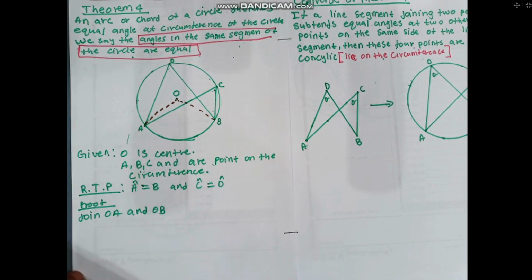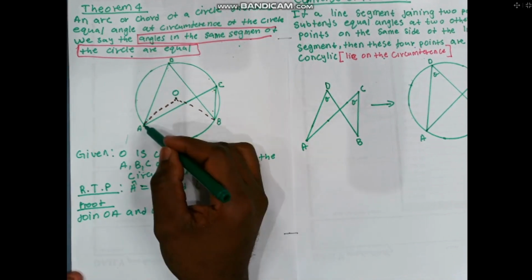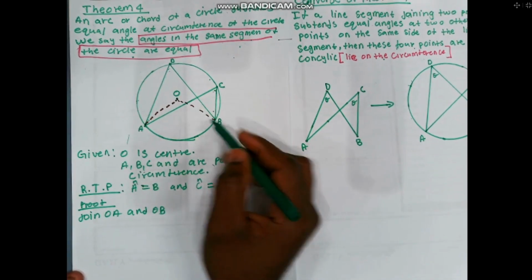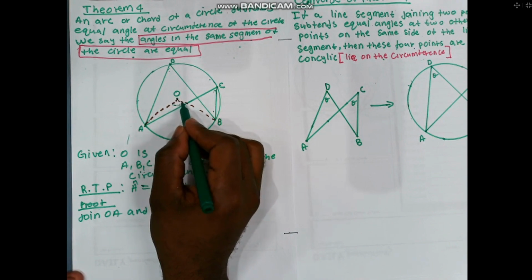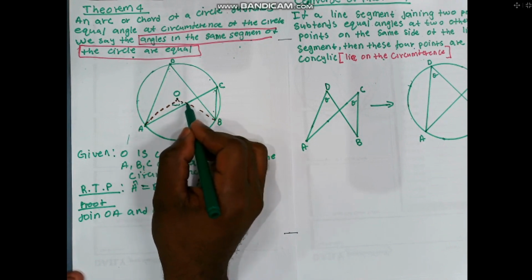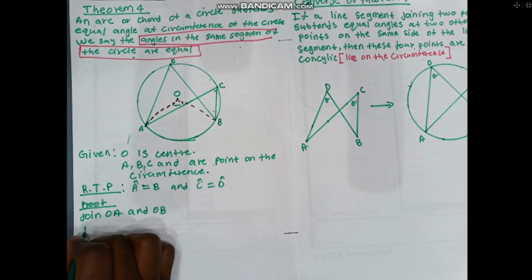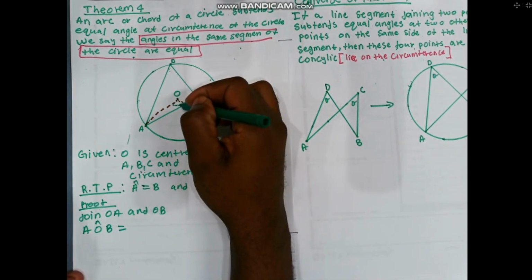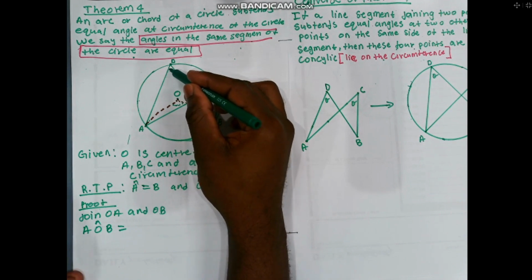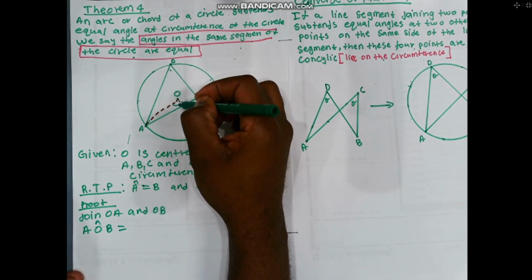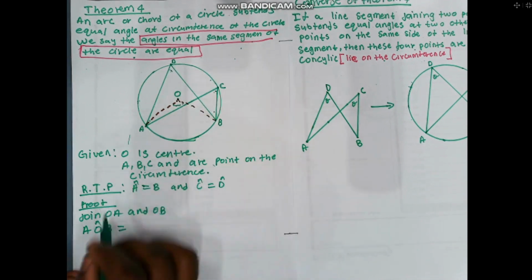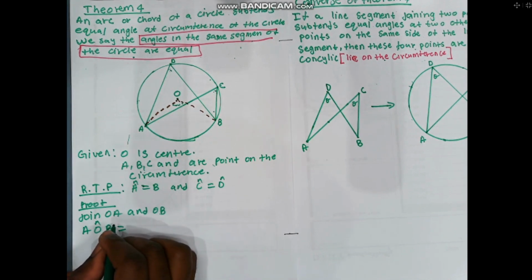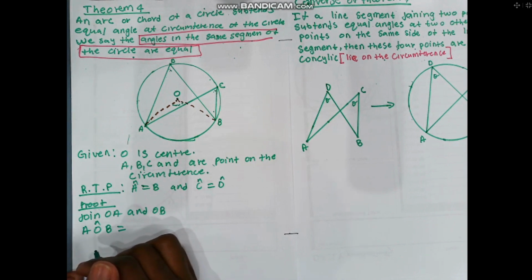Now OB, which is this angle. Remember, we are talking about this angle. AOB is equal to two times this one, which is angle, oh no, this one. I hope you remember now.